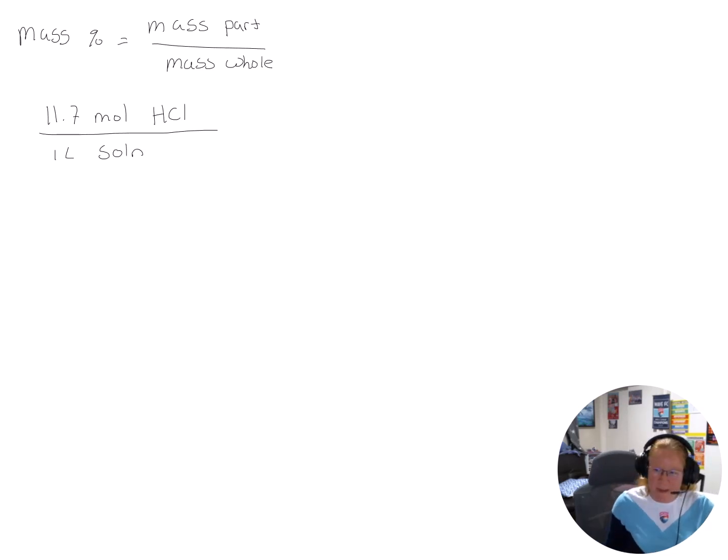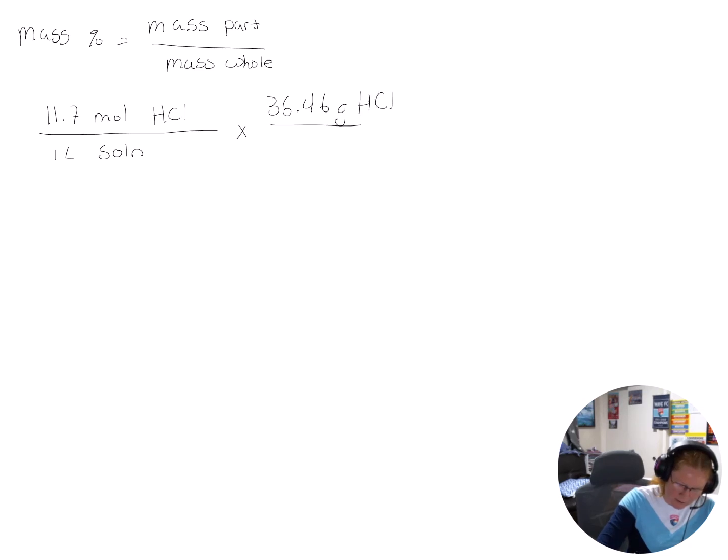And if I want the mass of hydrochloric acid, what do I do with the moles? I use the molar mass. So I can get 36.46 grams of hydrochloric acid in every 1 mole of hydrochloric acid. So there's my mass of part.